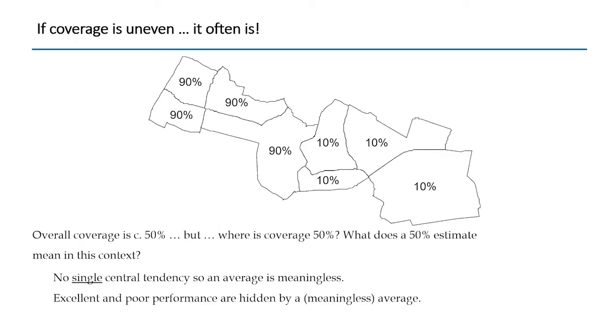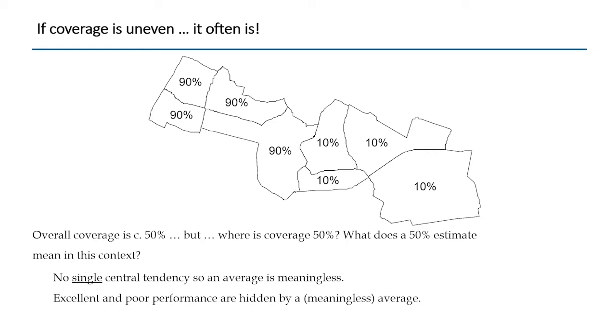So let's have a look at a rather extreme example of uneven coverage. In this particular long, narrow principality, we have an overall coverage of 50%. Coverage is 90% in the western side of the principality, and 10% on the eastern side.